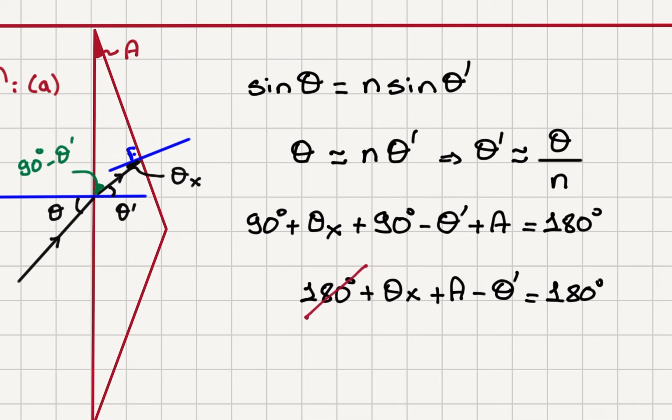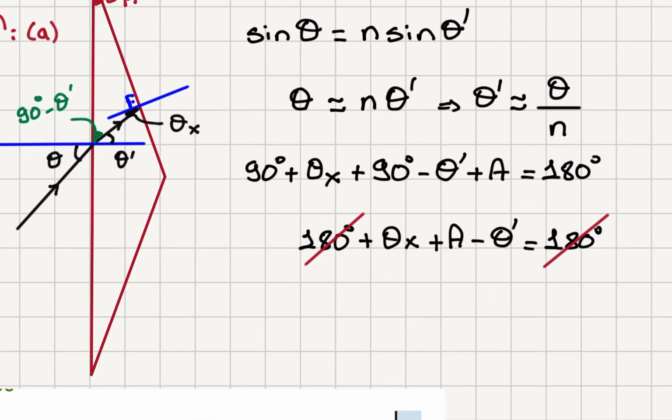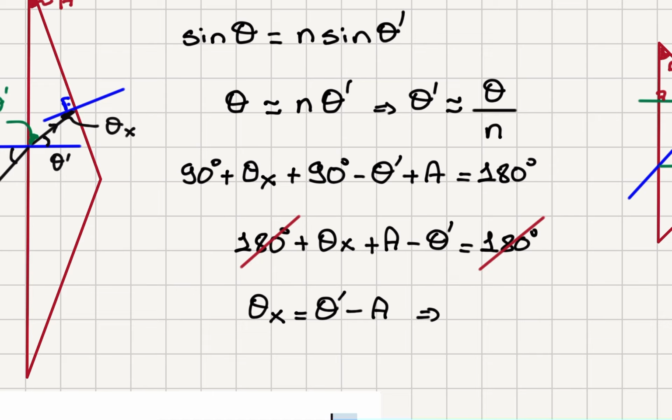So the 180 degrees cancel, and I find that theta x is equal to theta prime minus A, the prism angle, and theta prime, remember, is equal to theta divided by n. So theta x is equal to theta divided by n minus A, the prism angle.